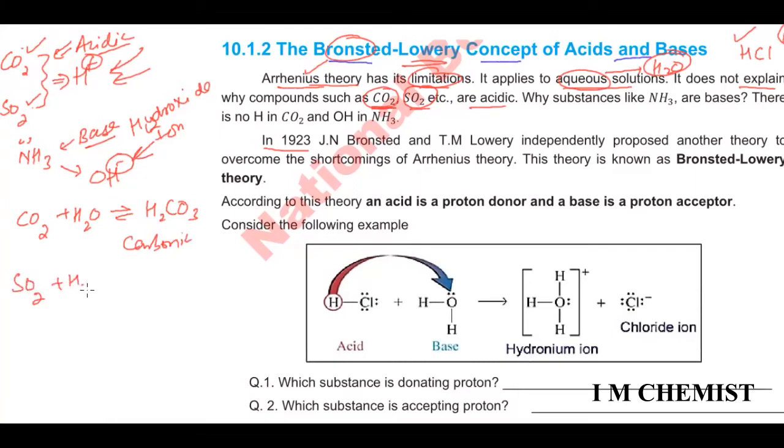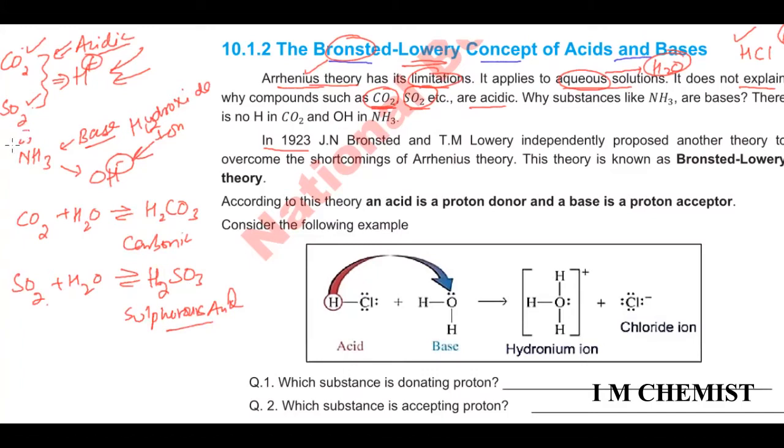When it dissolves in water, it will produce H2SO3, which is known as sulfurous acid. Sulfuric acid में H2SO4 होता है. H2SO3 means sulfurous acid. Anyways, that is the basic reason that why carbon dioxide and sulfur dioxide are acidic, but Arrhenius was unable to explain this concept.